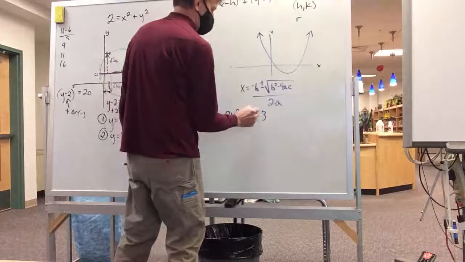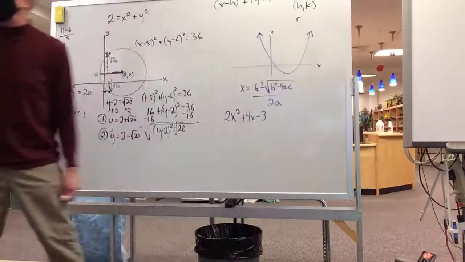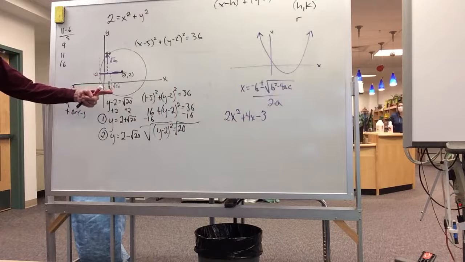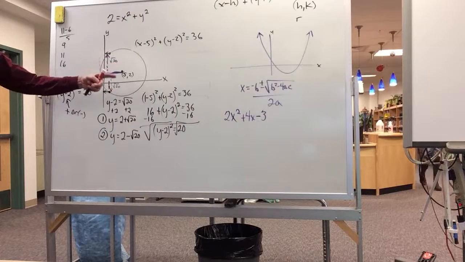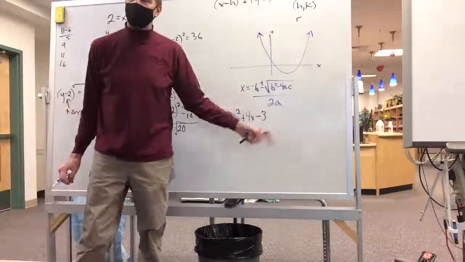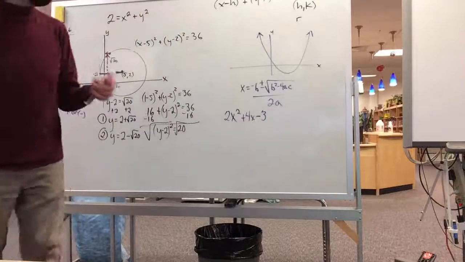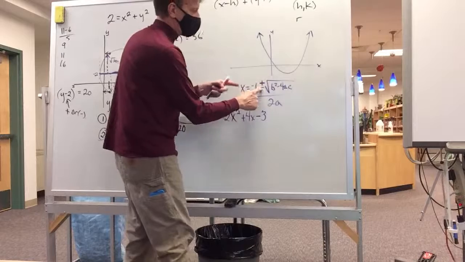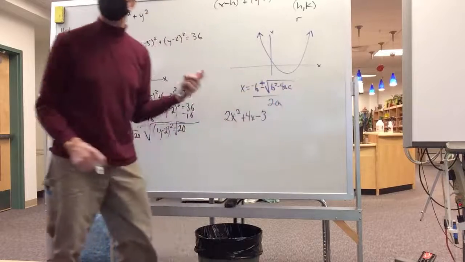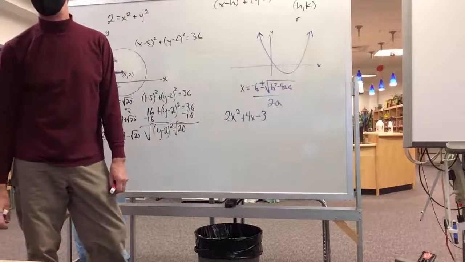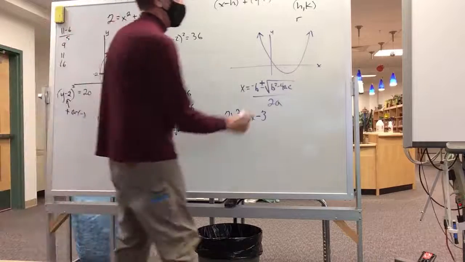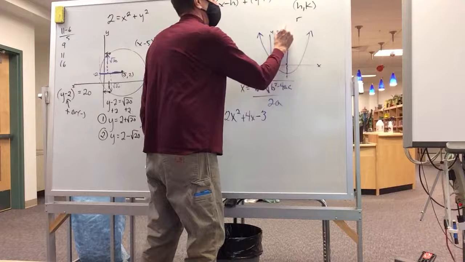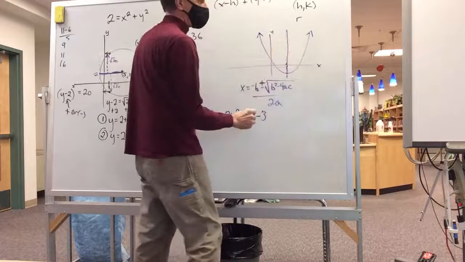Let's do this, then we'll be safe. Subtract 3. If you solved that with the quadratic formula, there comes a point where you have some number plus or minus whatever is underneath the radical symbol. There's a line of symmetry in parabolas.